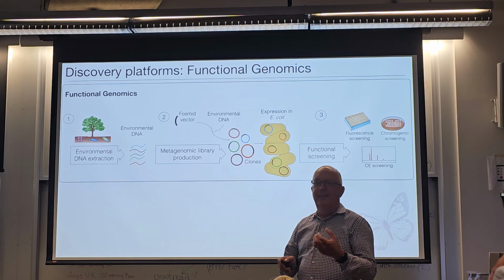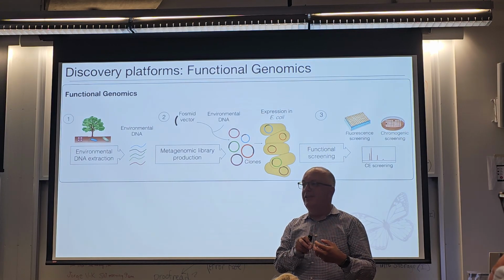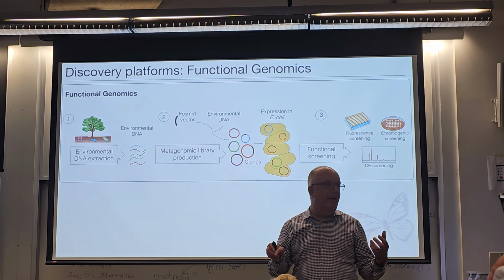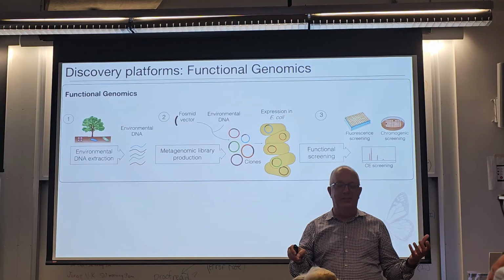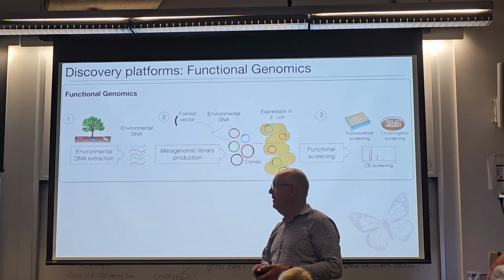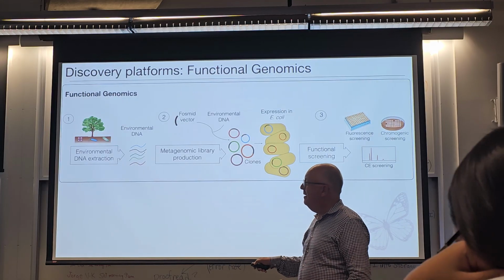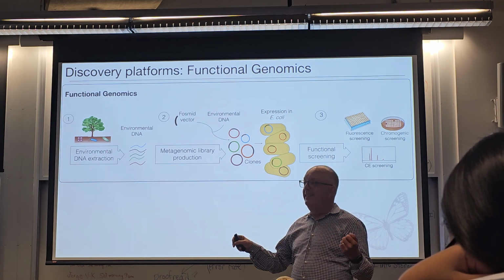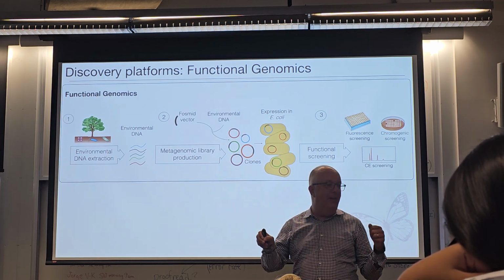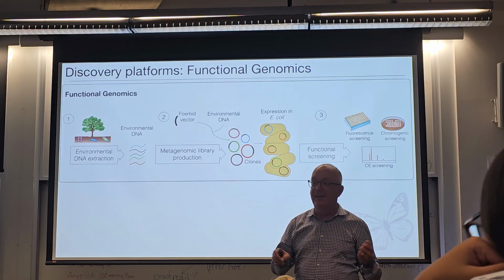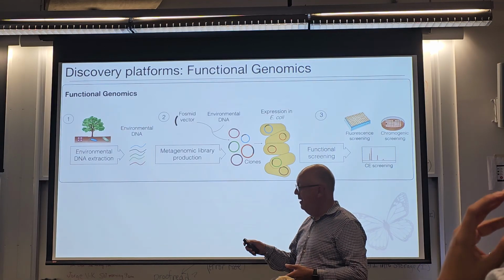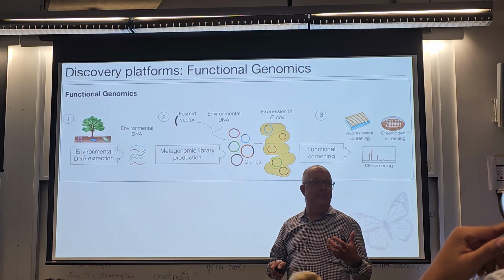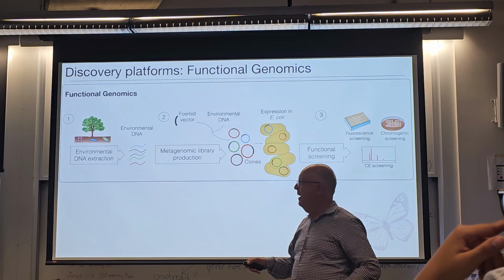In each one of those organisms, in their genomes, there's a huge catalog of enzymes, genes, and enzymatic activities. So by scooping up dirt in different environments, you can extract the DNA, and now you have access to all the different genes and enzymes in there. So how do we access those genes and enzymes from these environments?